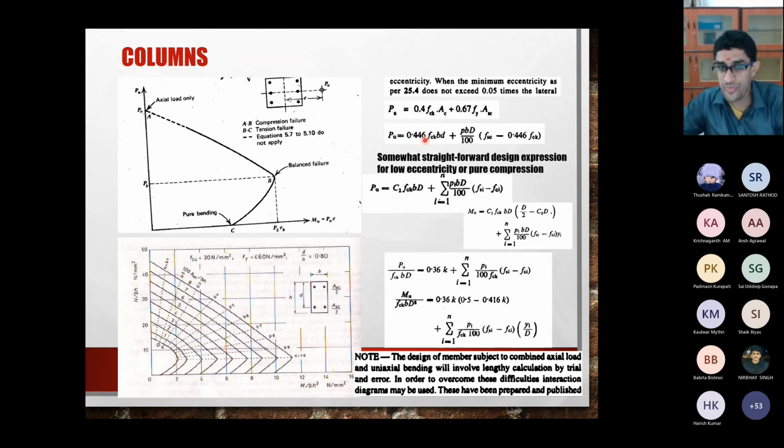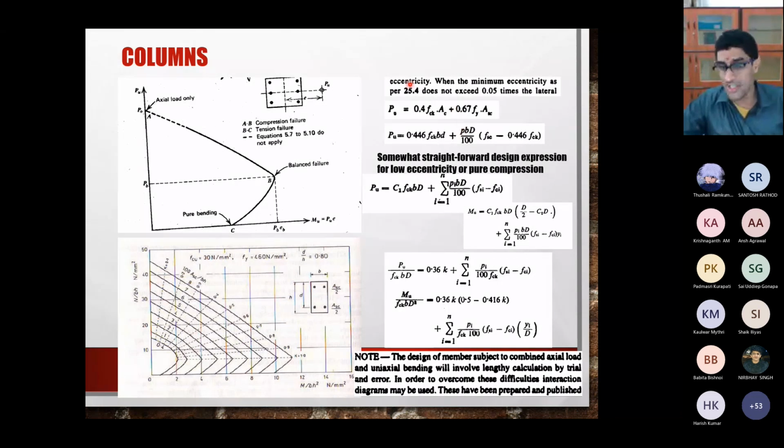Okay, so both are there. These are somewhat straightforward expressions that you can use to calculate the capacity of a column having only compression and also low eccentricity, meaning that the eccentricity does not exceed 0.05 times the lateral dimension. As long as those conditions are satisfied, you can just go ahead and use these two formulae.